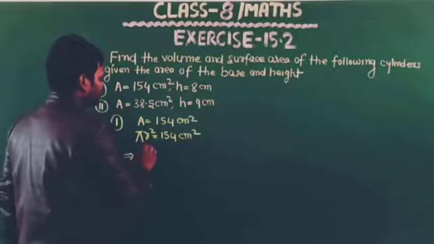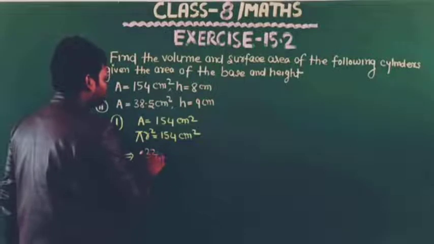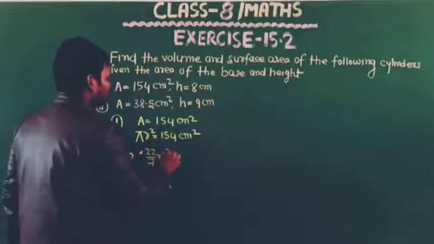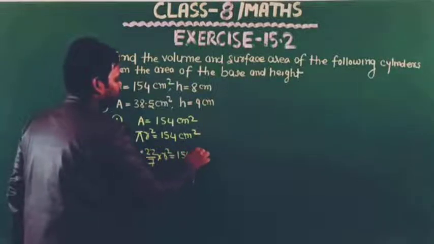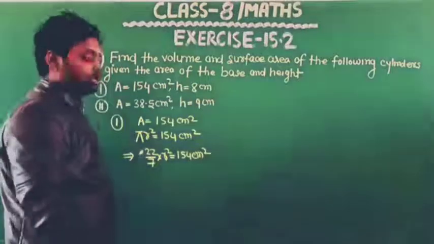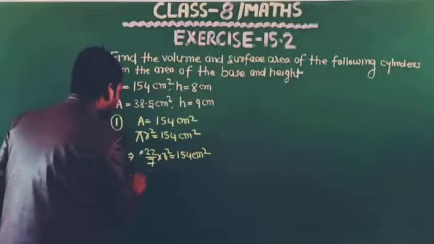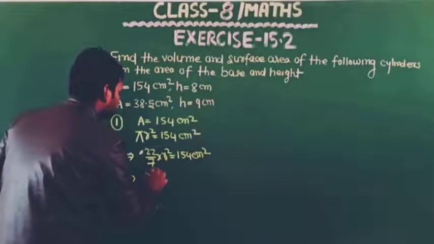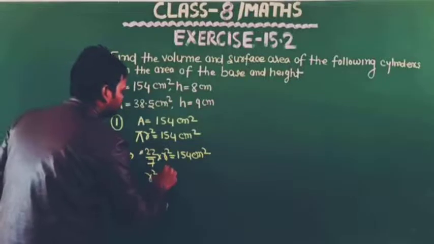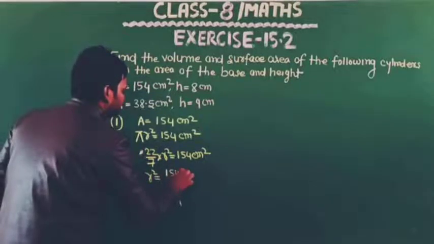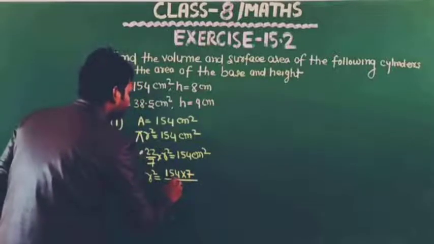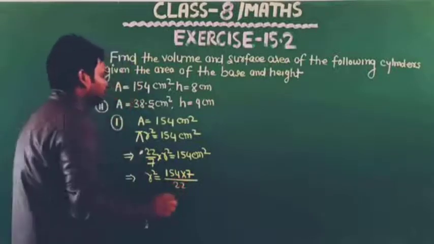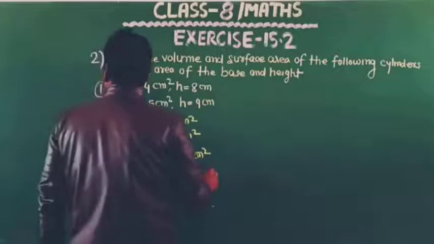Substituting the value of pi as 22/7, r square equals 154 into 7 by 22 centimeter square.